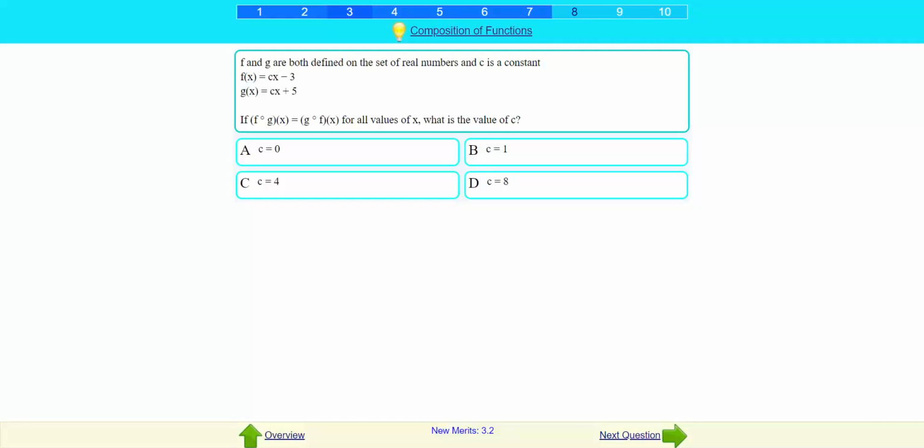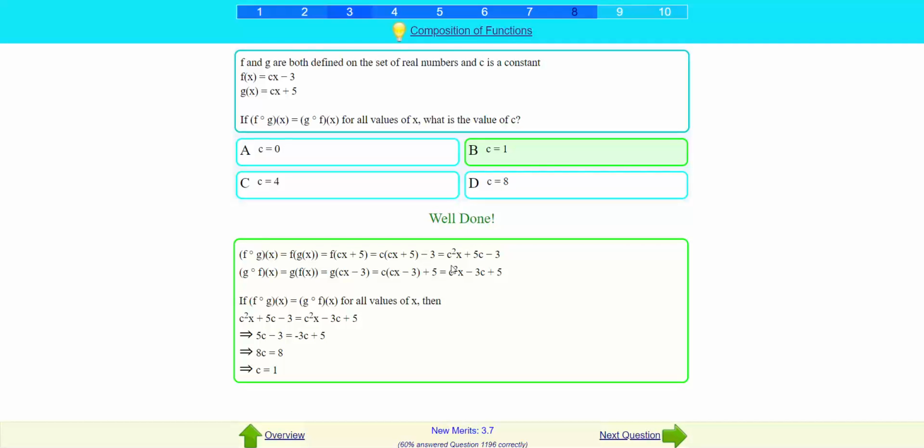Then if we move this to the other side, we eliminate the c squares, and then divide 8 by 8, and you have c equals 1.